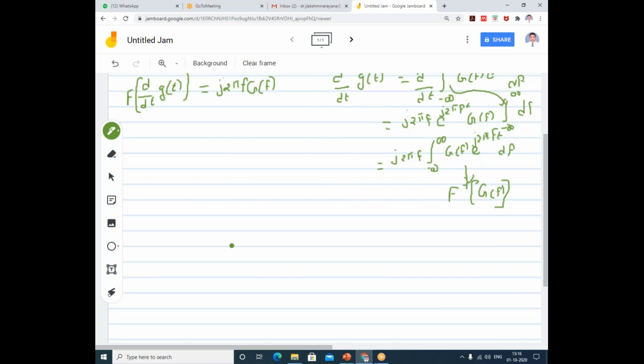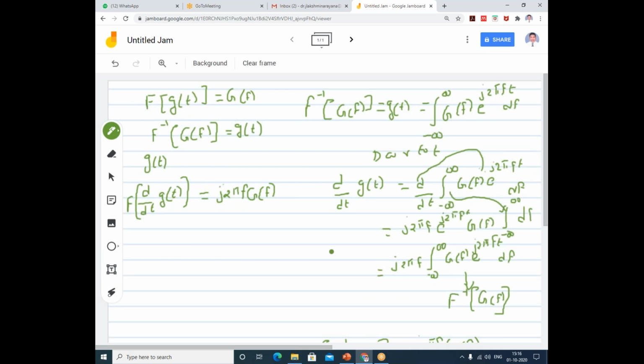Then it becomes the Fourier transform of d by dt of g of t, which is j 2 pi f into g of f. This is how you are going to get the first differentiation.